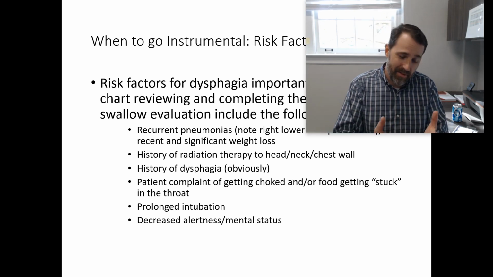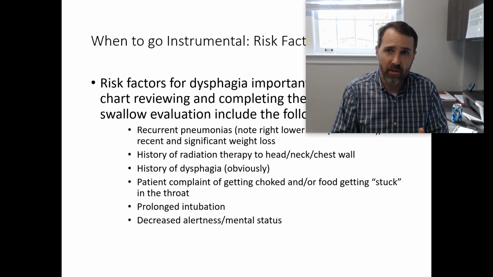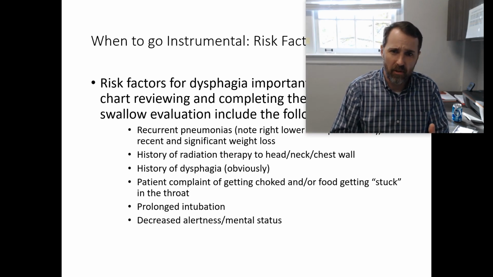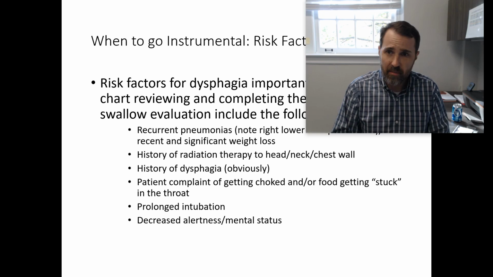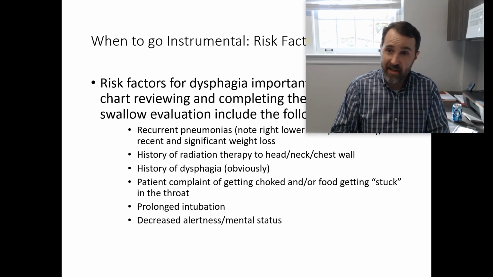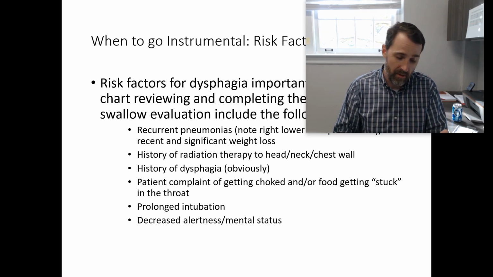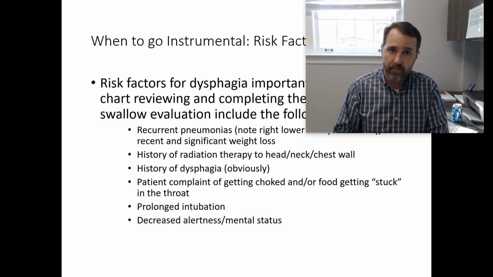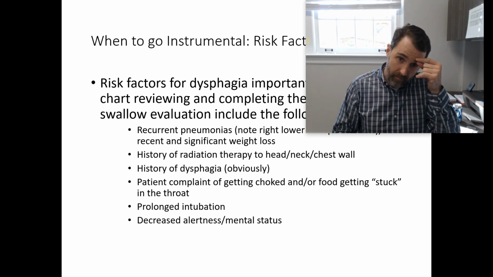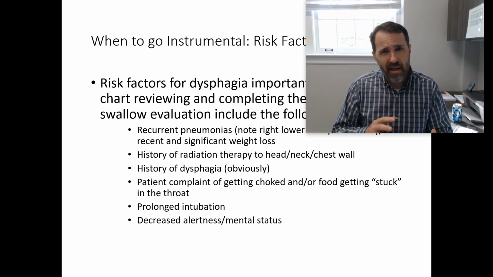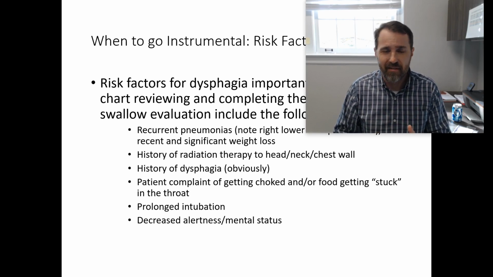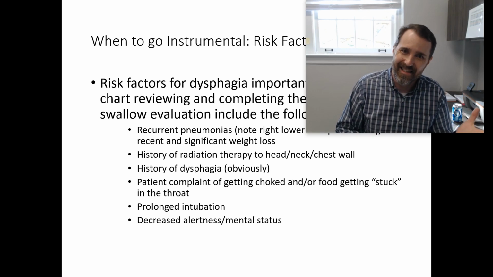And let's say someone gets referred to you, or someone comes into your hospital or nursing home. You see them at bedside, they look great, but then you look in their file and it was severe dysphagia, like a year or two ago. You can't really trust your bedside eval with that in there either.